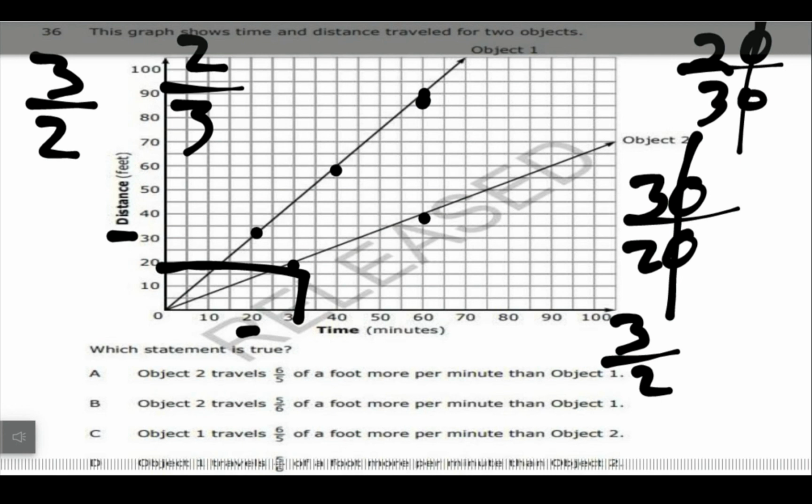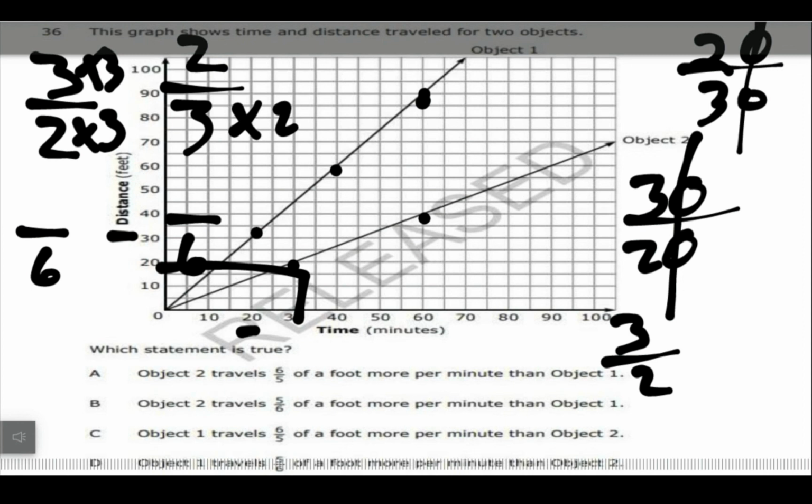So if I make them out of 6, times that by 3, times that by 2, that would give me 9 out of 4, which is 5/6. So object 1 is 5/6 more, and we want to look at which one is that.